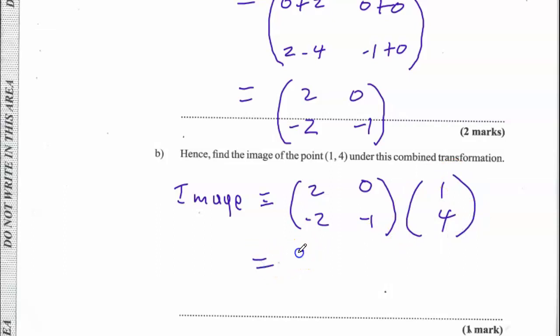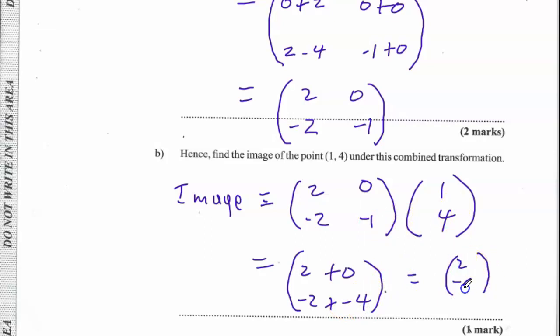We will end up with, row by column, 2 times 1, which is 2, plus 0 times 4 is 0. Then bottom row by the column, so -2 times 1, that's -2, plus -1 times 4, that's -4. So we'll end up with (2, -6).